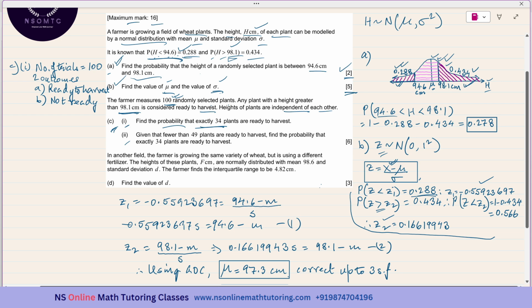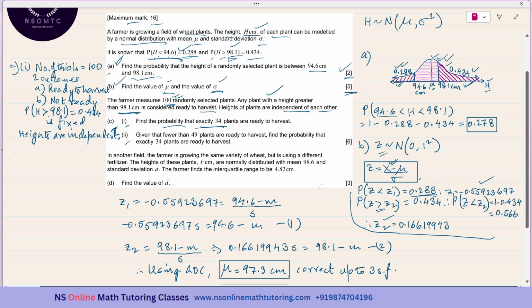And the probability of height greater than 98.1 is equal to 0.434, which is fixed. That is, the probability of success is fixed. And the heights are independent. So therefore, it is a case of a binomial distribution.